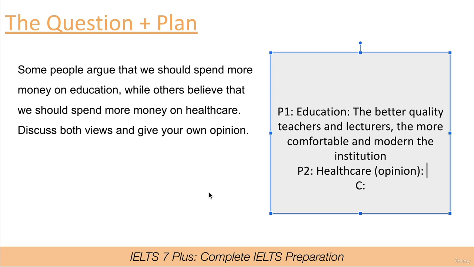Now, we can sort of tie in that whilst more money would be beneficial for education, there is a worry that this can lead to a transactional type of situation with education.